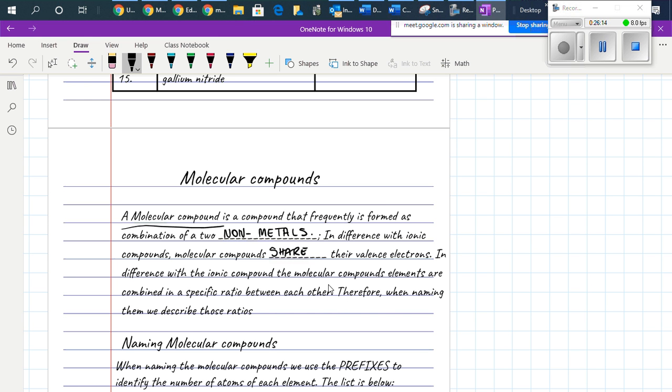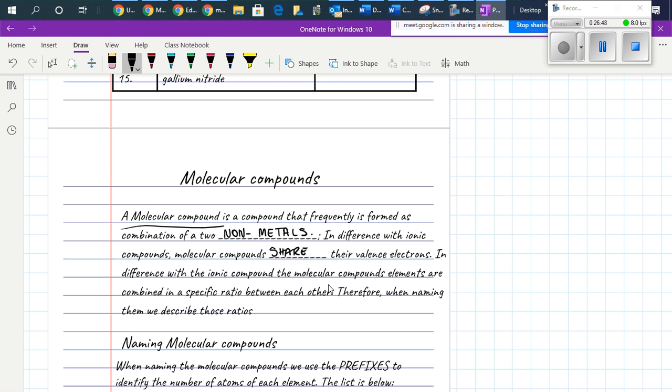In an ionic compound, metals are losing electrons and non-metals are gaining, and in this form there are two objects, ions in this case, that have different charges and are attracted to each other, forming an ionic compound. In the case of molecular compounds, the electrons are shared between the two non-metals.